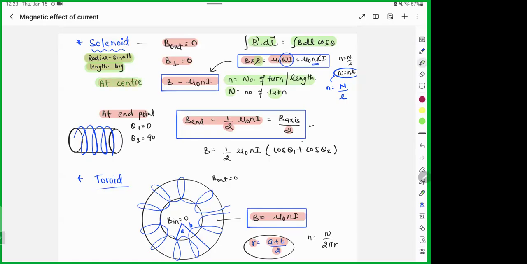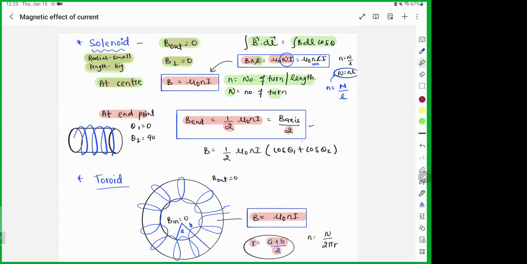This happens at the center. Remember, outside this solenoid, the magnetic field will be zero. If the magnetic field is perpendicular to the solenoid, it will be zero. Why? Because the cos 90 value will be zero. That is the reason we have cos here.